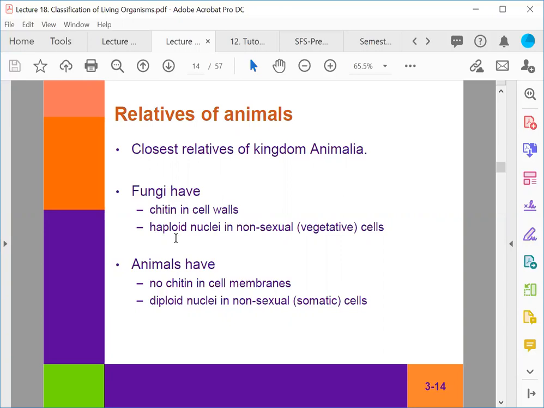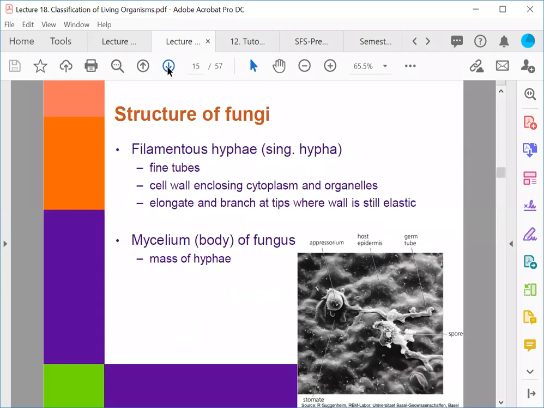That is, the nucleus in those cells only has one copy of each chromosome. You probably imagine that's very different to animals, where most animal cells, apart from the reproductive cells, have diploid nuclei. That is 2 copies of each chromosome in each nucleus. And of course, animals lack cell walls, and they lack that compound called chitin.